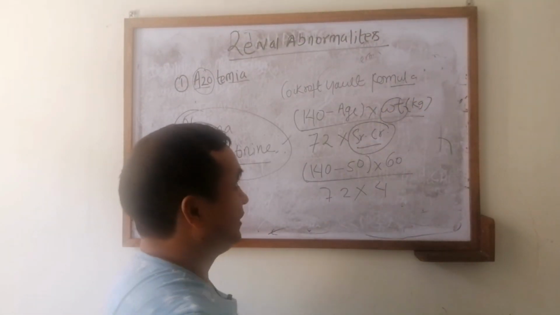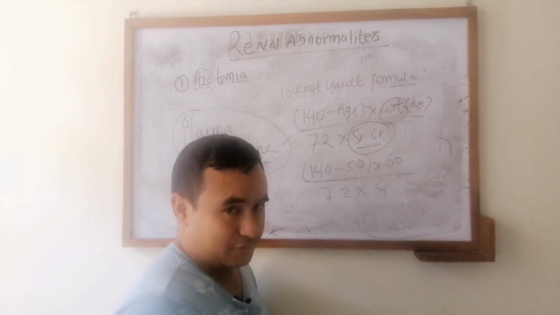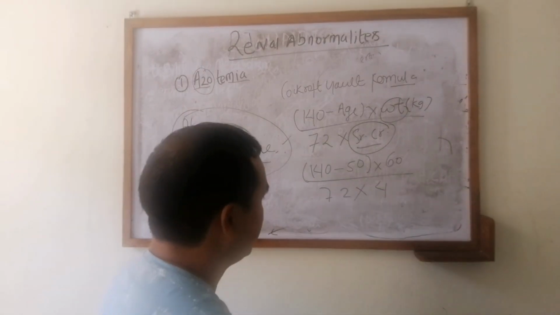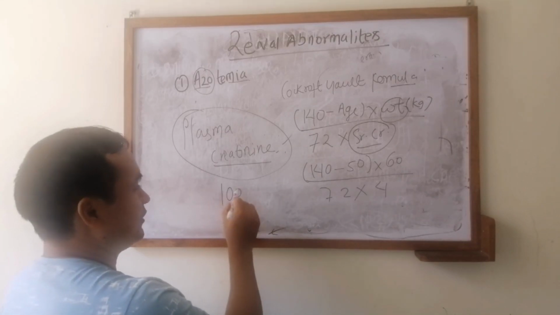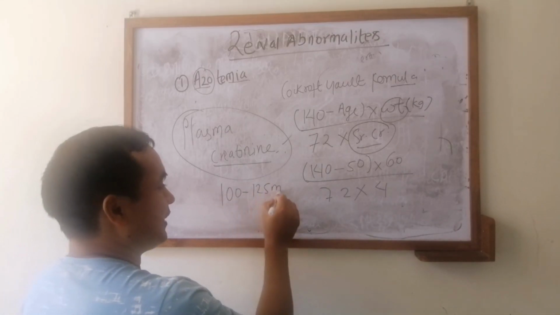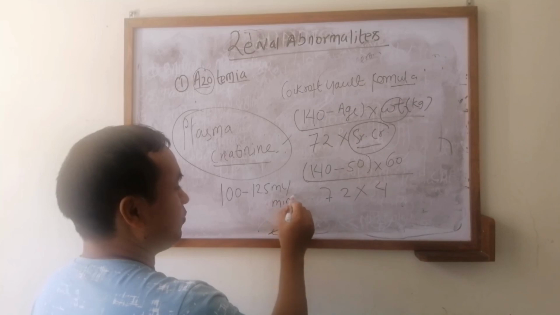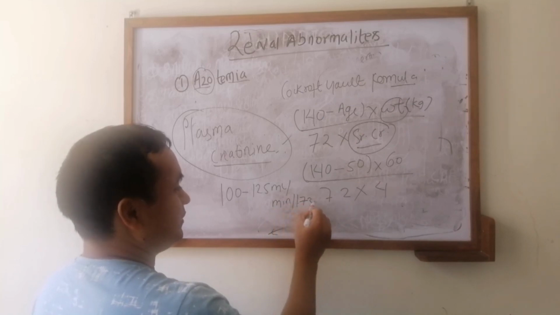So by this way you can calculate the EGFR, and the normal EGFR in a human body is near about 100 to 125 ml per minute per 1.73 meter square.